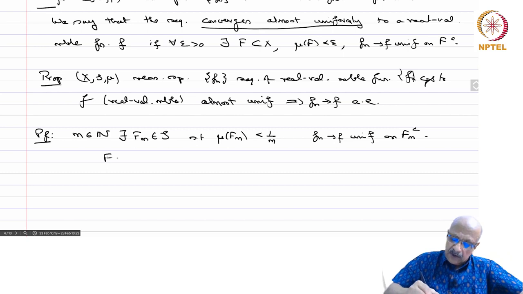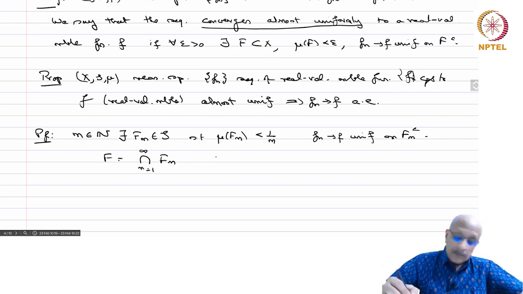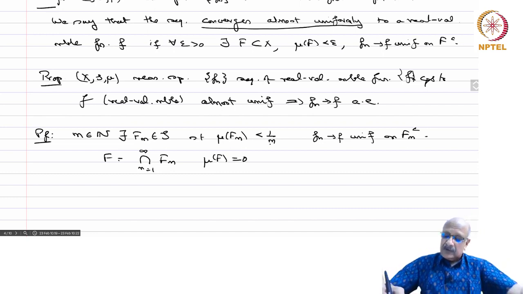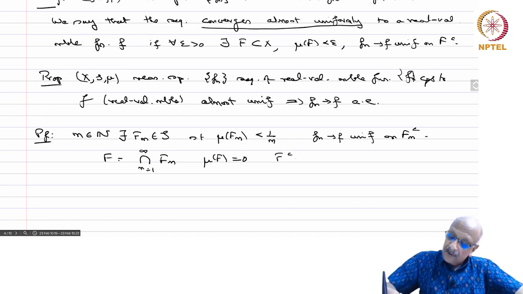So now you set F equals intersection F_m, m equals 1 to infinity, then mu of F is 0 because it's less than mu of F_m, less than 1 by m, so mu of F is less than 1 by m for each m, so mu of F has to be 0, and F complement equals union m equals 1 to infinity F_m complement.